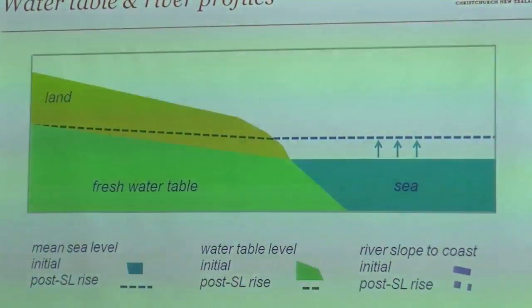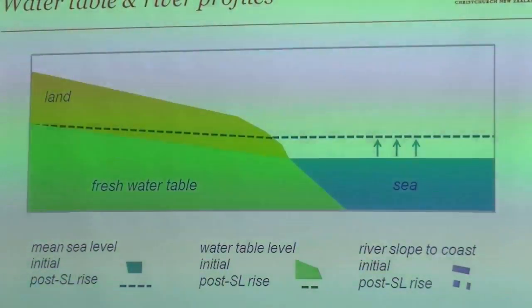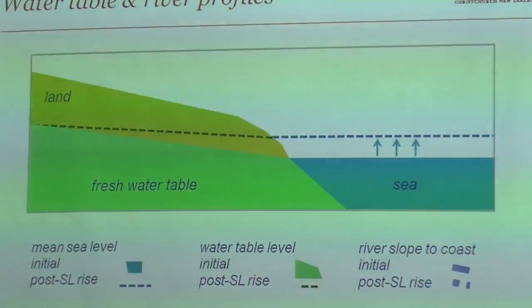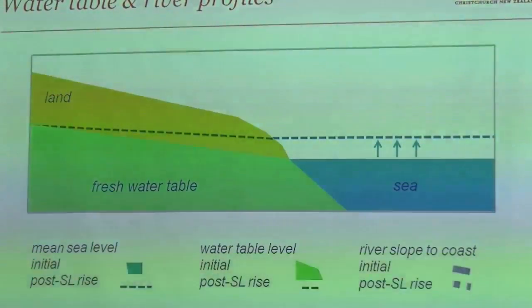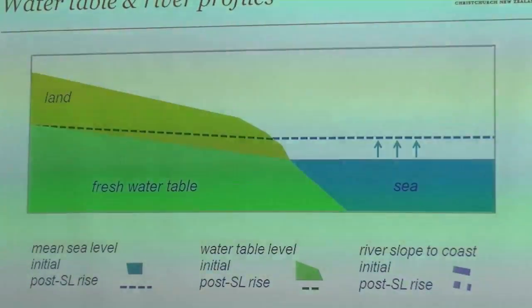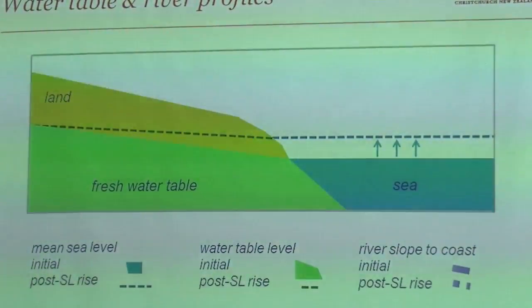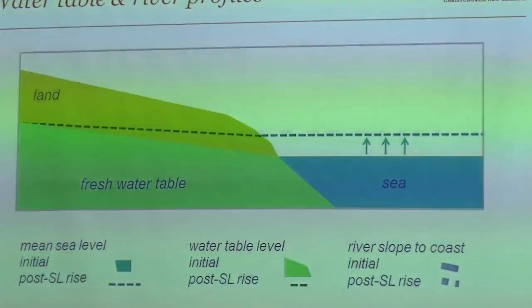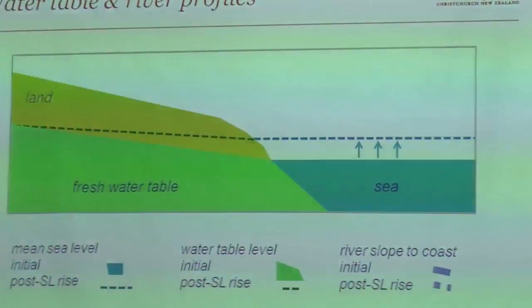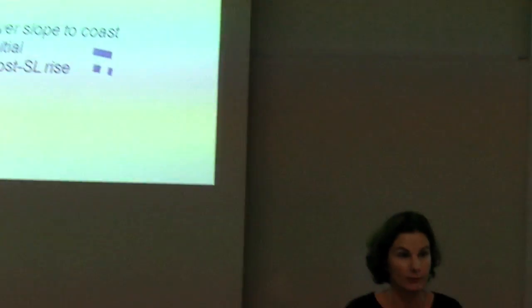So if we increase our base levels with our blue beaker over here, we increase our water table at the same time. Our water table rises at the same time to come up and meet that rising sea level. So you can see the problems that we've had recently with the earthquakes with high water tables. You can imagine the problems we have with flooding with high water tables.